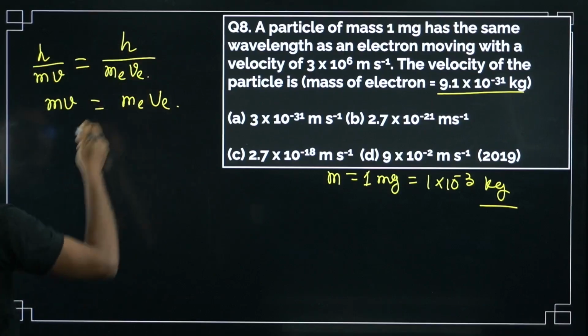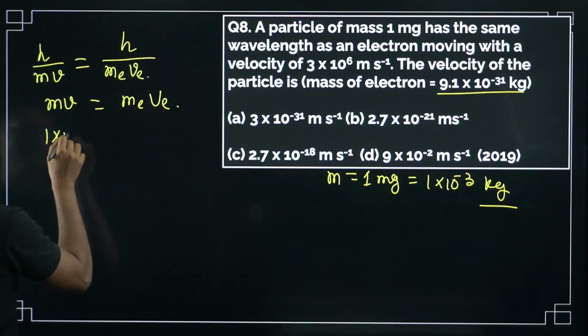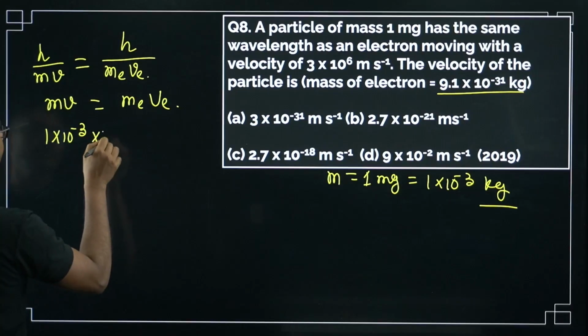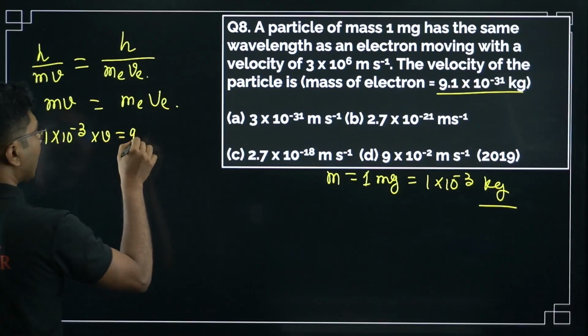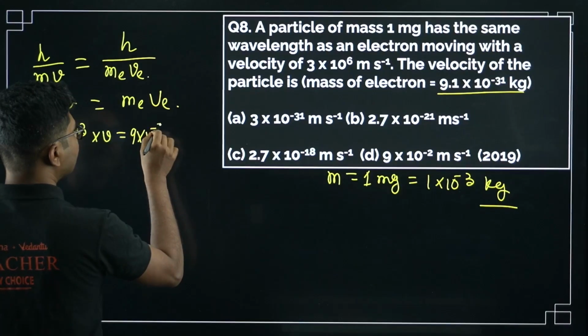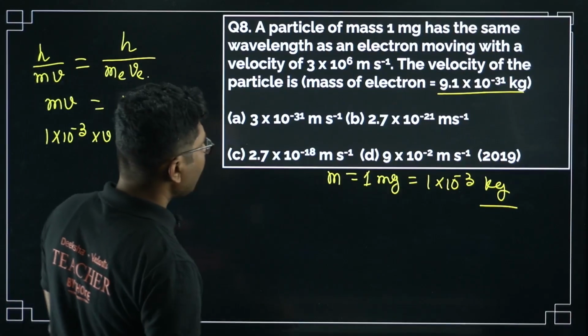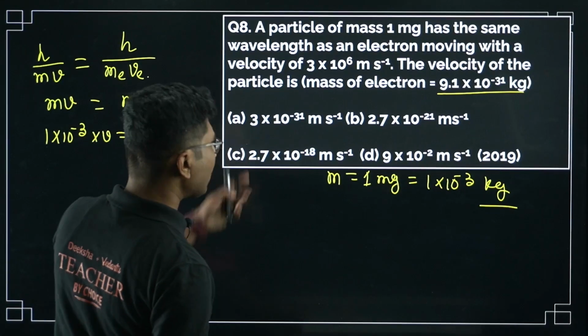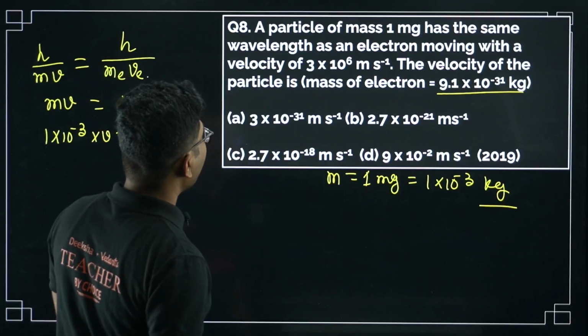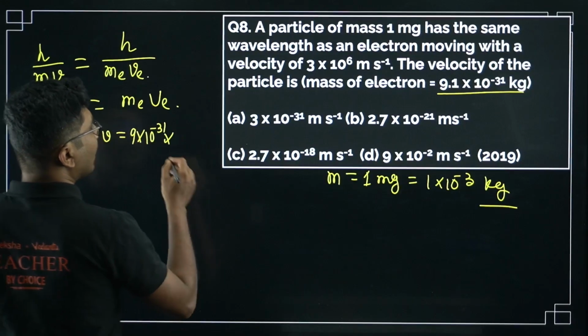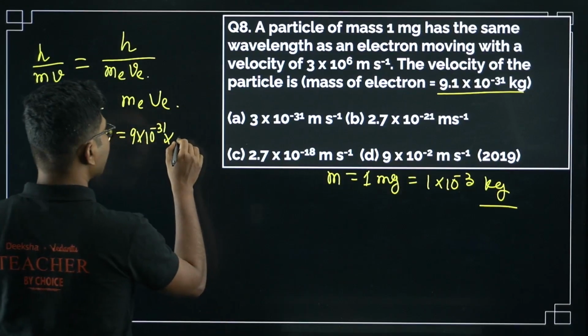They will cancel. So mass is 1 into 10 to the power of minus 3, velocity we don't know. Mass of electron is 9 into 10 to the power of minus 31, and 9.1 we will consider it later, and velocity of the electron is 3 into 10 to the power of 6.